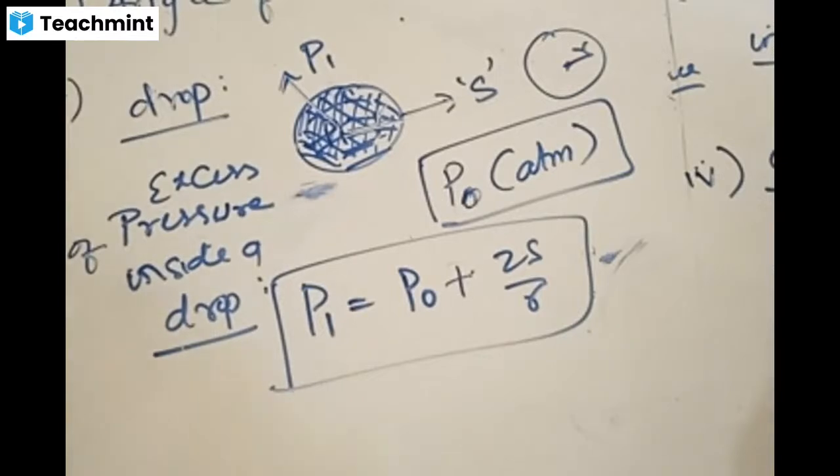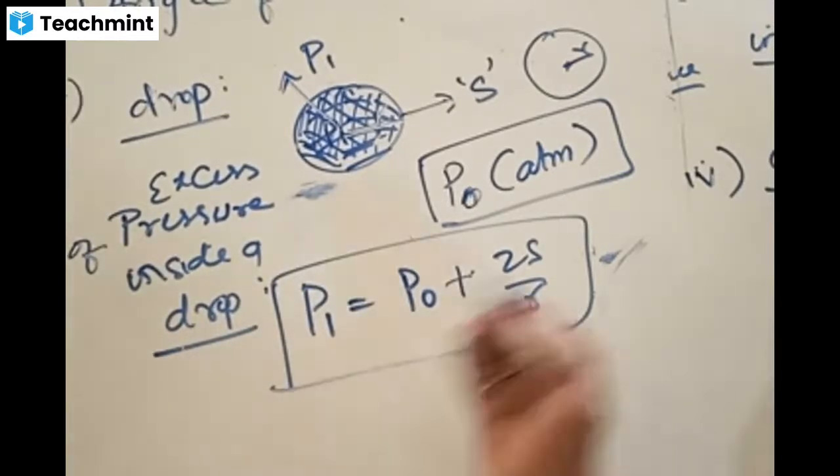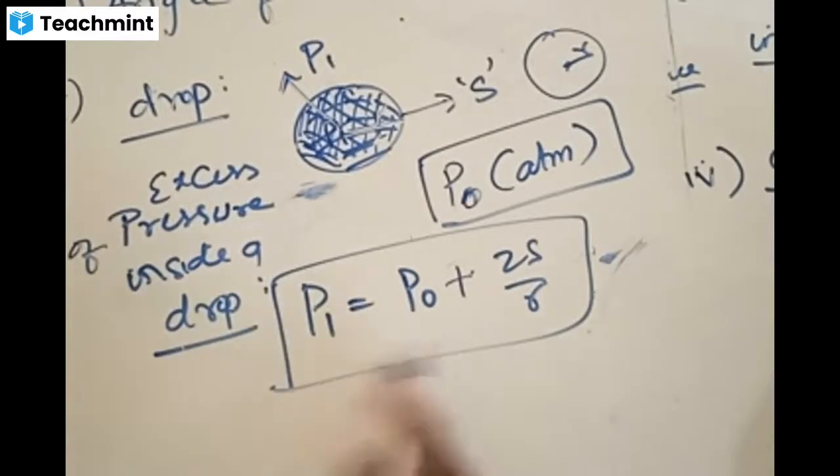P1 minus P naught is equal to 2S by r, whereas P1 is equal to P naught plus 2S by r. The question is, how much more is it inside compared with outside?